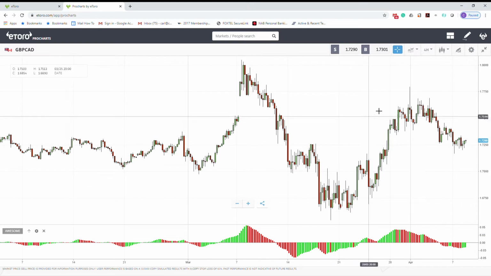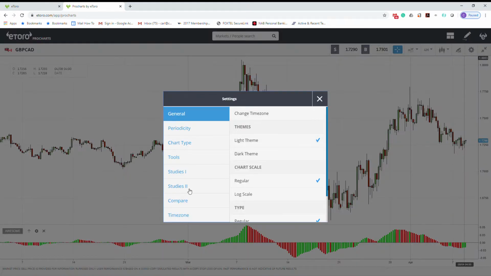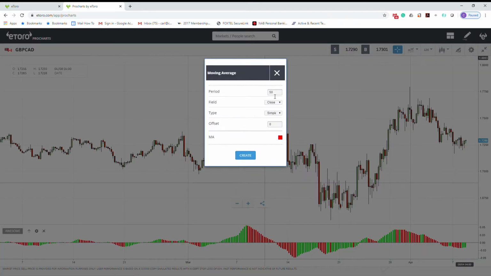Just to make it a bit clearer for you guys, I'm going to add a moving average, and you can see we are adding the 34. The color, I'm going to change to something more recognizable.